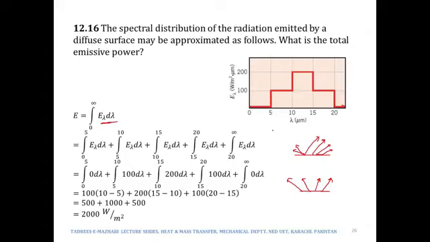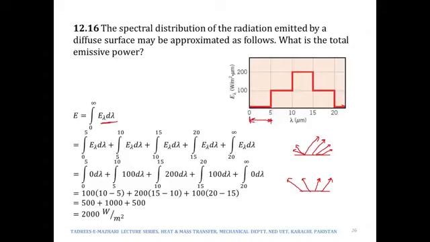In the wavelength band of 0 to 5, the emissive power is 0, meaning this surface is not emitting any radiation with a wavelength of 0 to 5 micrometers. Whatever this object is emitting is at 5 micrometers and beyond.